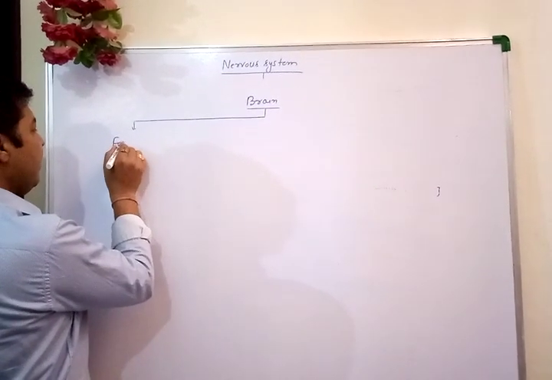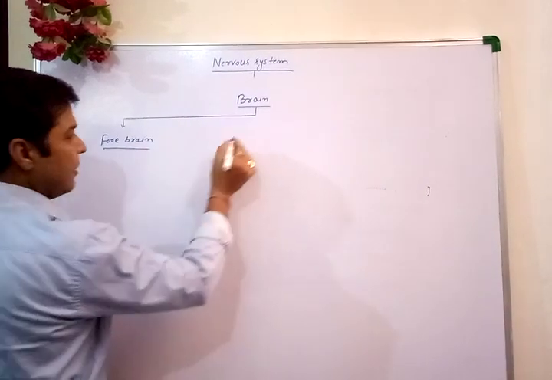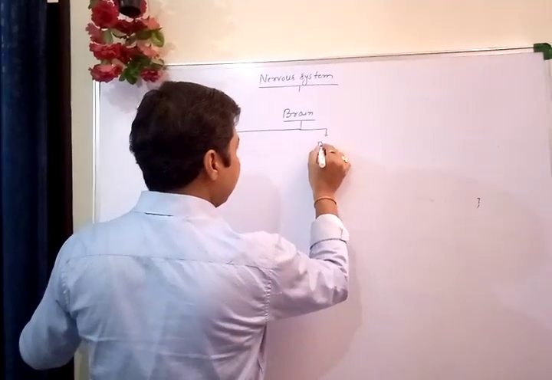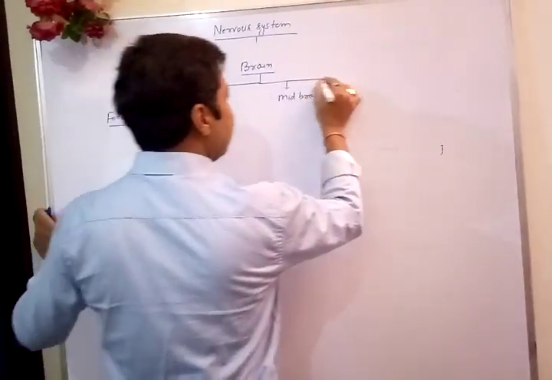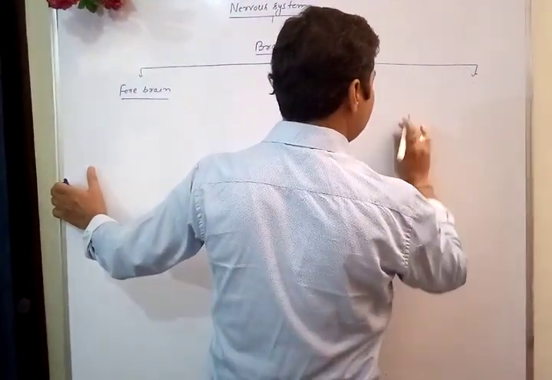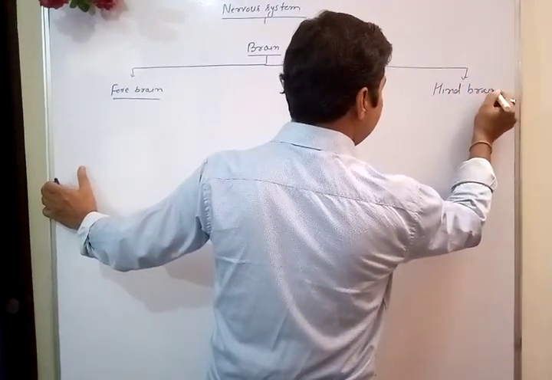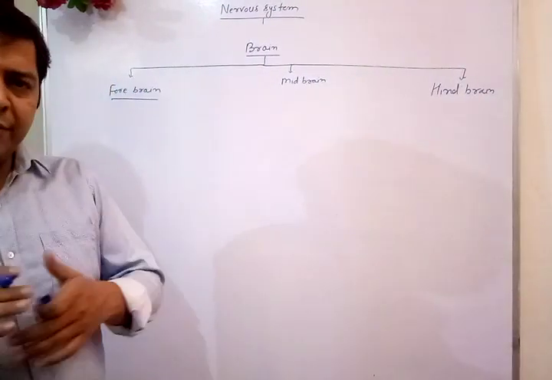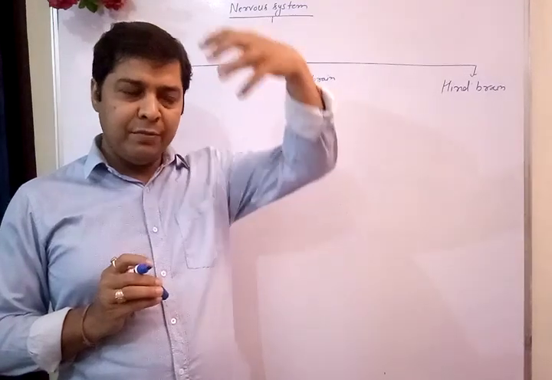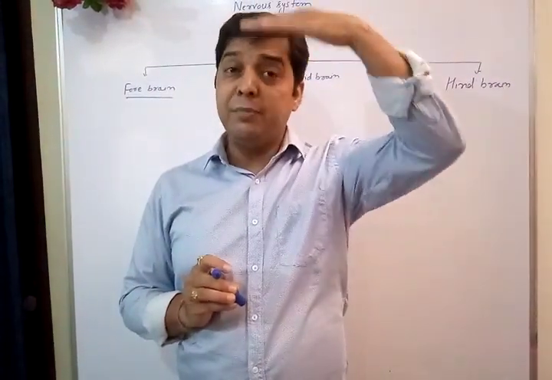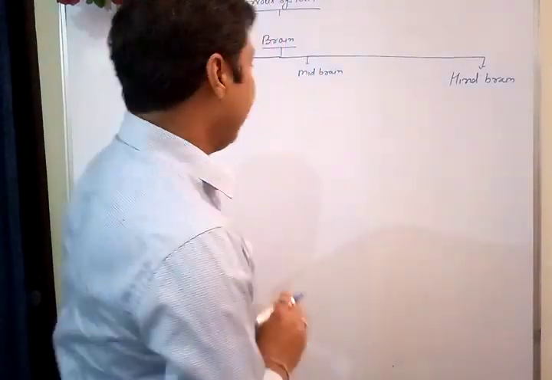They are called forebrain, then midbrain, and third is hindbrain. The part of the brain located at the front is the forebrain. The part located at the center is called the midbrain, and the part located at the hind, posterior part, is called the hindbrain.